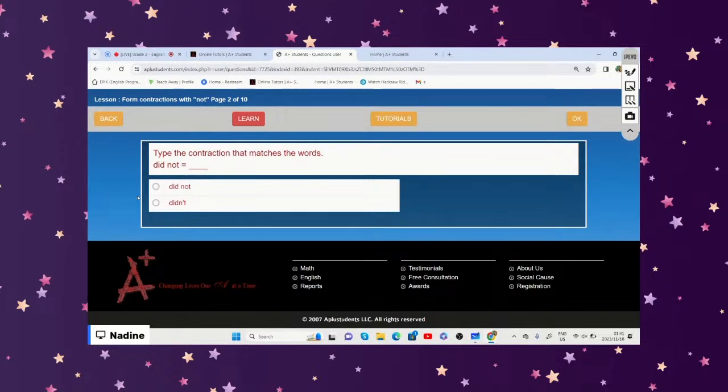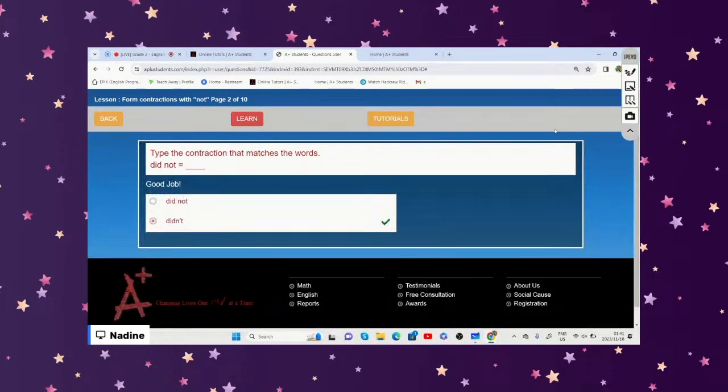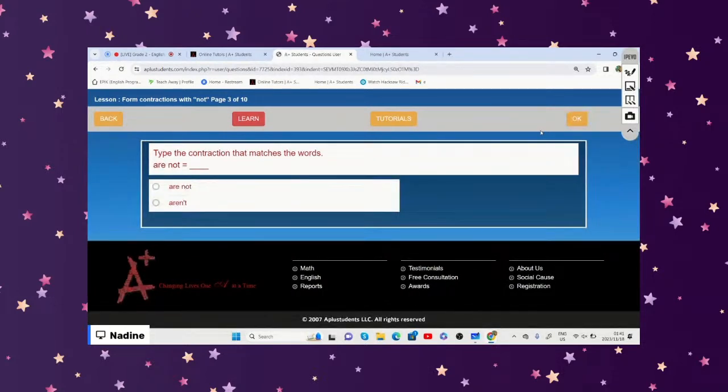All right, so if we write the contraction of the words did not, then yes, didn't is correct. So well done. Didn't is correct. Shortened words for did not.